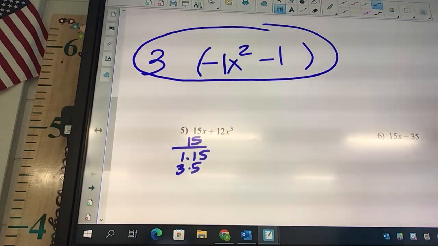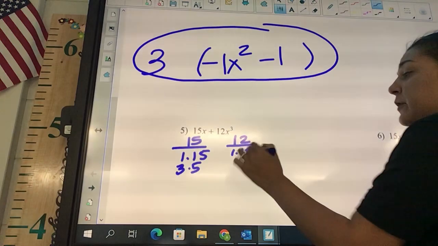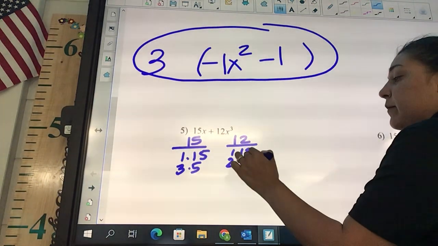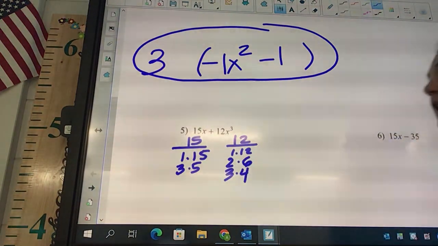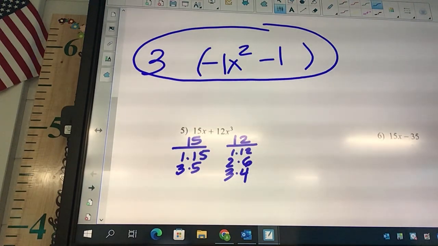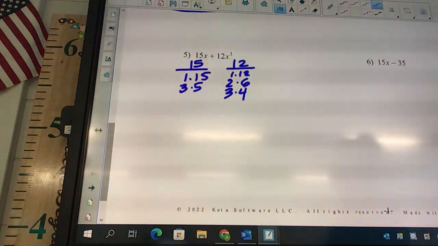No, and 5's on the list. Okay, let's look at 12. I got 1 and 12. Does 2 go in? 2 and 6. Does 3? 3 and 4. Okay, so what is the biggest number that we can make a match with? 3. Some of you guys were pulling out a number that was too small yesterday.